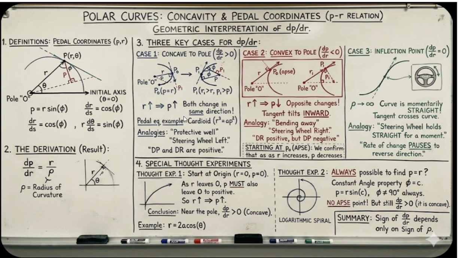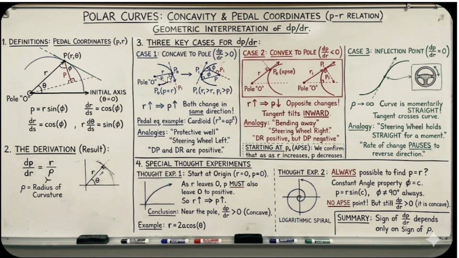Both are moving in the same direction. Whenever they move in the same direction, the ratio is the same: dp, the change in the perpendicular length, by dr, the change in the radius vector, move in the same direction.